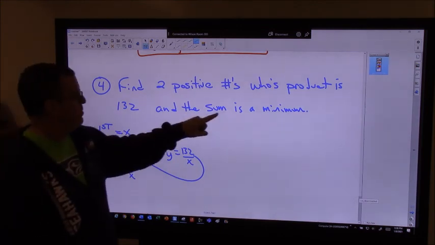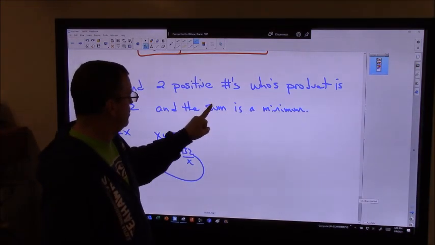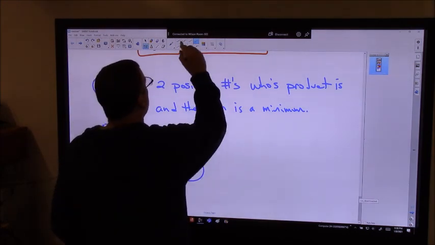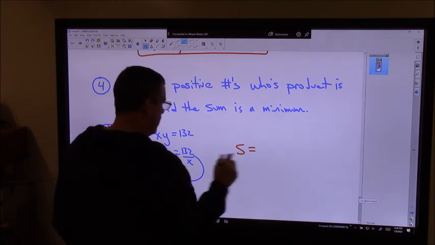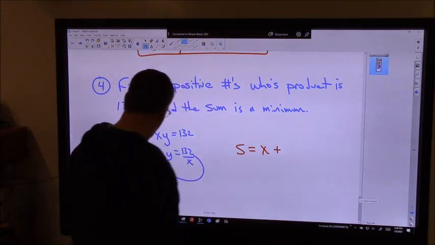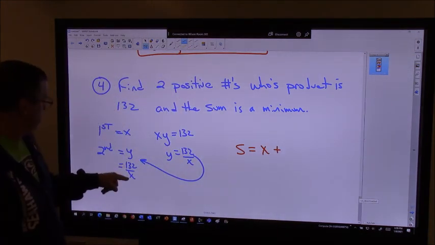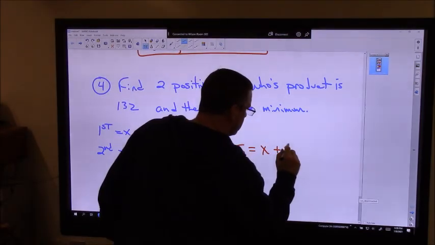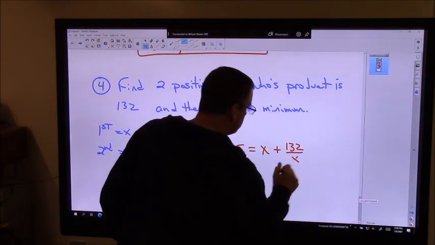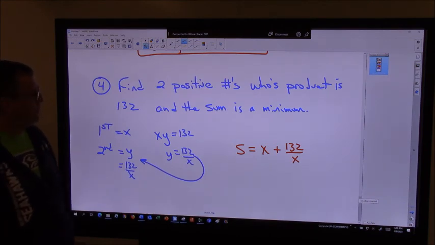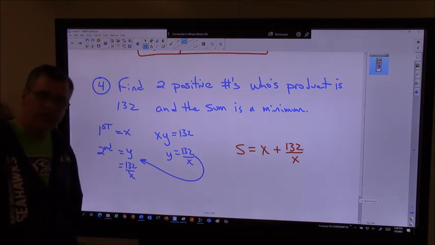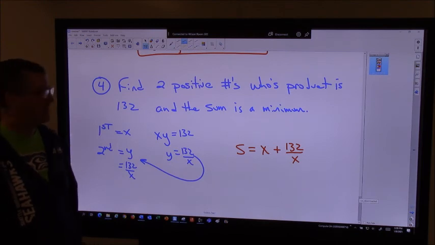And now what I want to do is I want to minimize the sum. So the sum is going to equal x plus the second number, 132 divided by x. And so now to minimize that, I want to take the derivative, set it equal to 0, and solve.